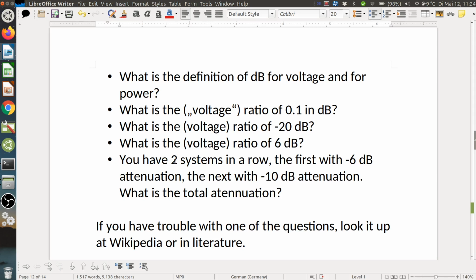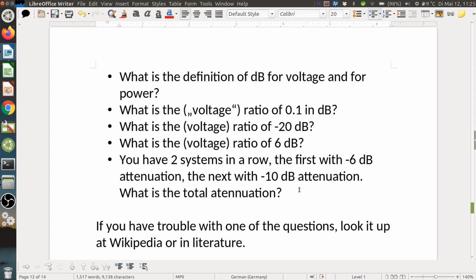Then if you have two systems in a row, one after the other, and the first has -6 dB attenuation, and the next has -10 dB, what is the total attenuation? Well, if you're in the linear domain using factors, you would multiply those factors. But now you're in the dB domain, in the log domain, and in the log domain, multiplications are turned into additions.